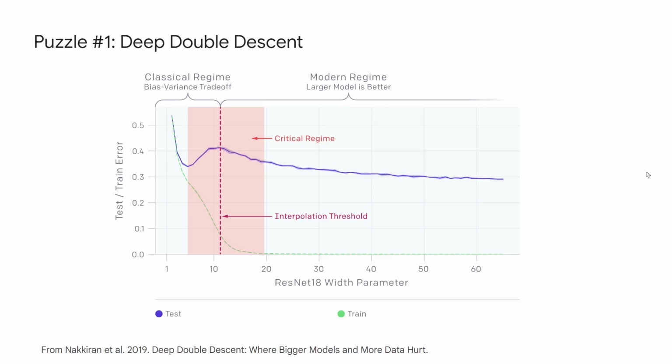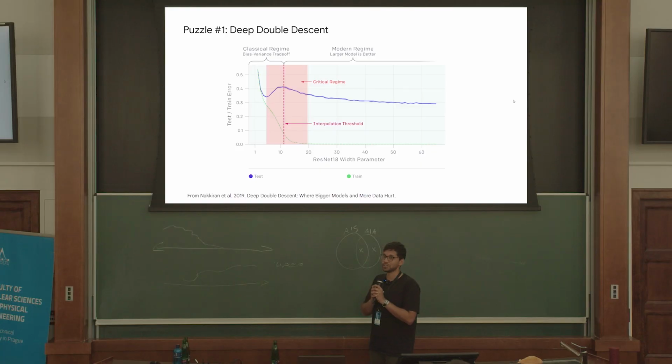But then a number of people, through various papers, have noticed that as you increase the capacity of models even further, you see this second dip in test loss, where it seems like increasing the capacity then reverses the trend. And despite the training loss being very close to 0, or in many cases basically 0, the test loss once again starts to fall. And in many cases, the test loss falls beyond what the initial early stopping regime was.